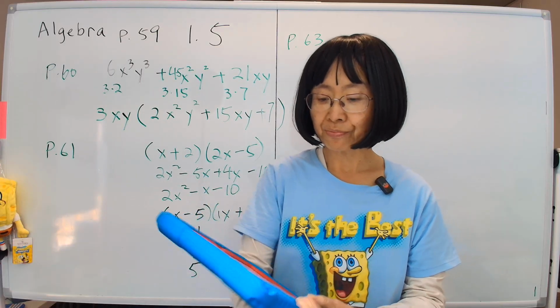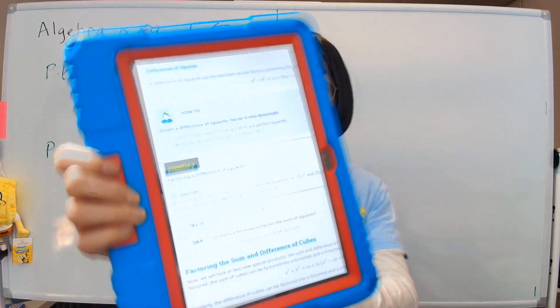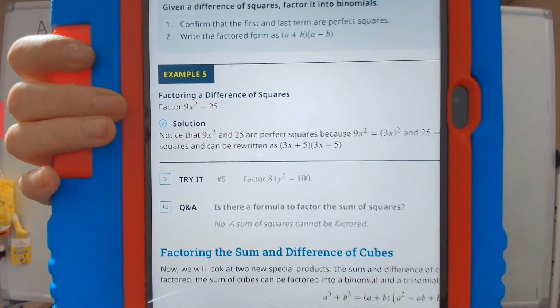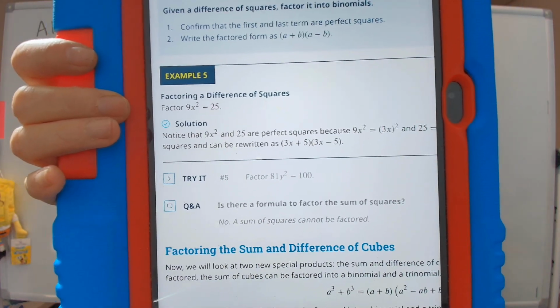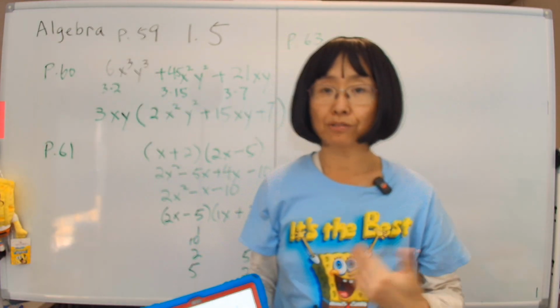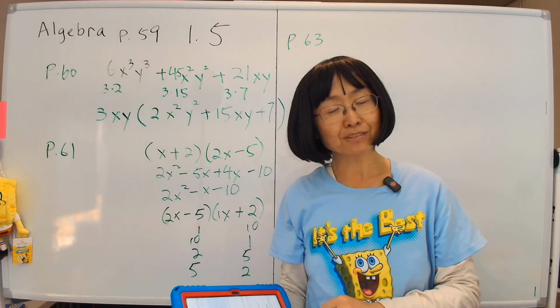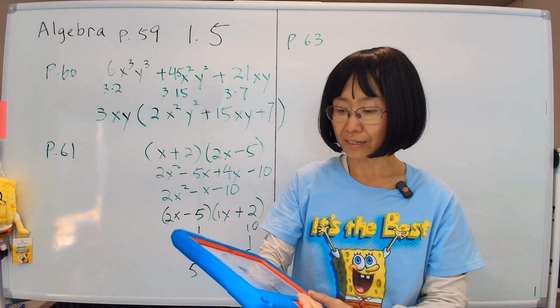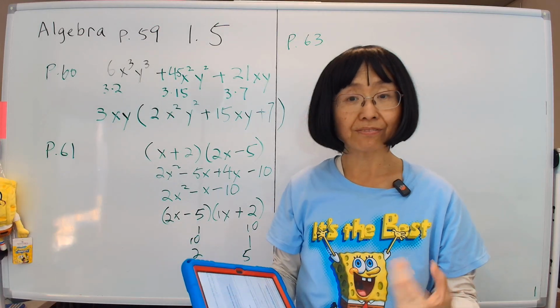So anytime you see something that's a perfect square, for example, look at example 5. We have to factor 9x squared minus 25. The square root of 9x squared is 3x, because 3x times itself will be 9x squared. And the square root of 25 is 5.